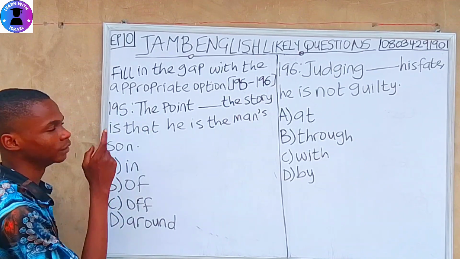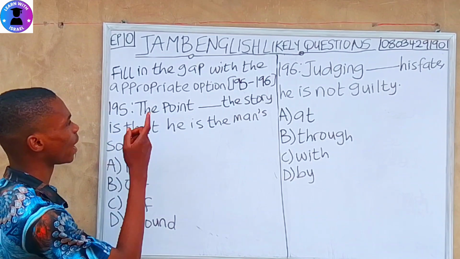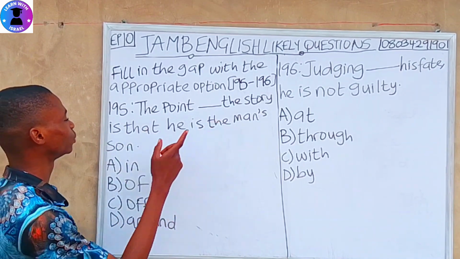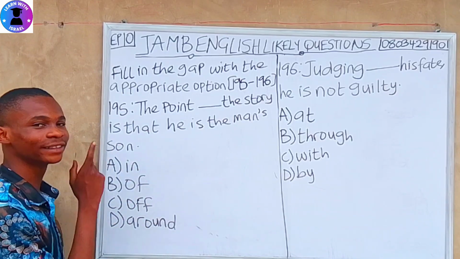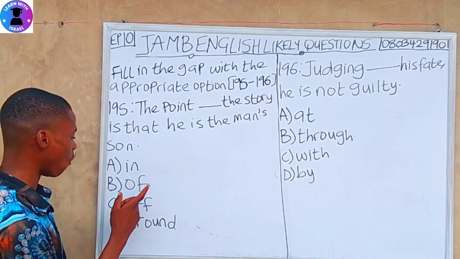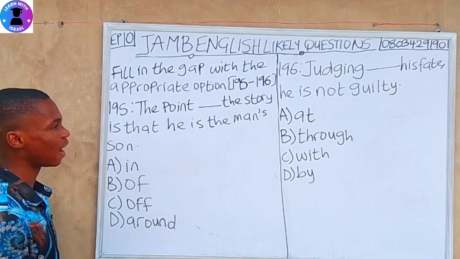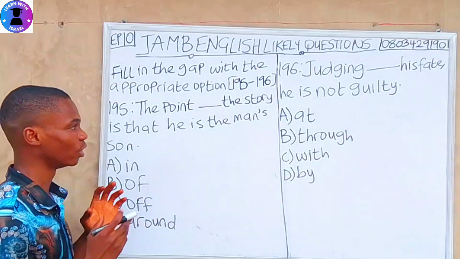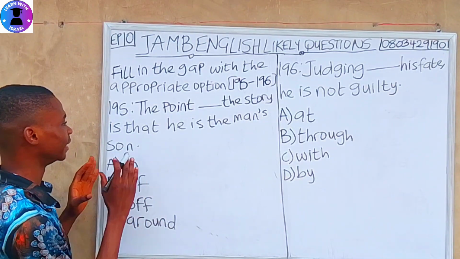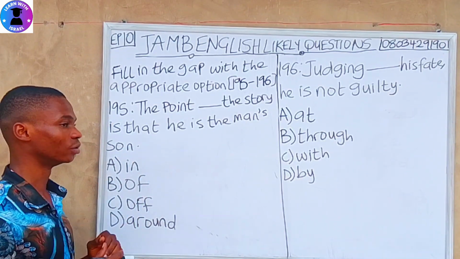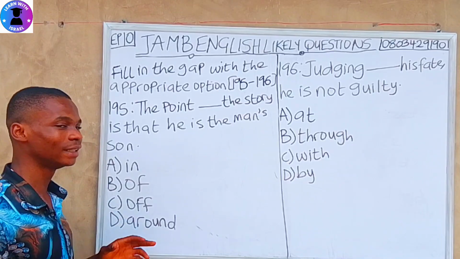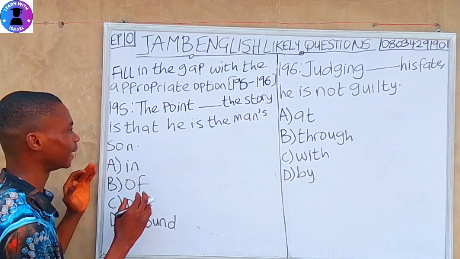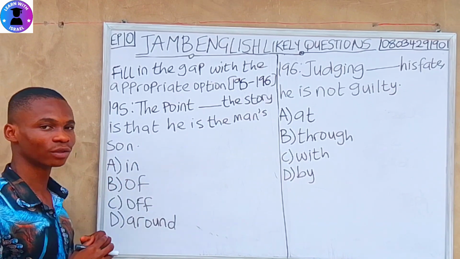Fill in the gap with the appropriate option from question 195 to 196. Question 195. The point dash the story is that he is the man's son. A. In, B. Of, C. Of, D. Around. So let's fit in the options and see the one that goes well. The point in the story is that he is the man's son. That's totally incorrect. Option B, the point of the story is that he is the man's son.